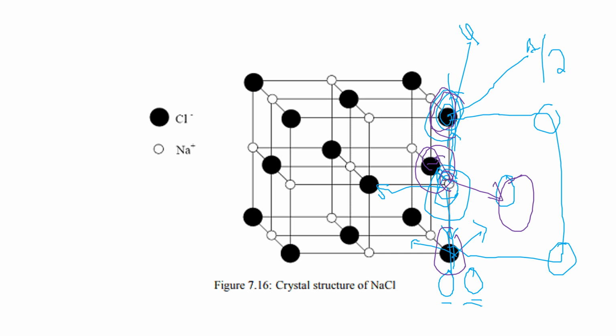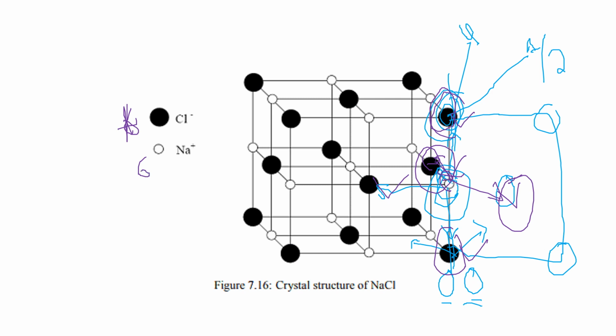How many particles is that? 1, 2, 3, 4, 5, 6. So there are 6 ions. This is not about Cl, it's about Na: Na is connected with 6 Cls.